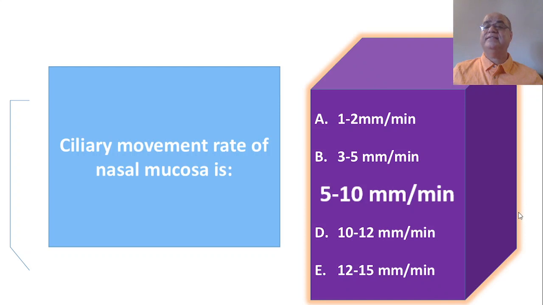Beat frequency is 10 Hz and movement is metachronous. That is, all cilia at right angle to the direction of the flow are in the direction of the flow, while those in the direction of flow are slightly out of phase. So mucociliary clearance time is 5 to 20 minutes, and the pH of the mucous blanket of the nose is 7.